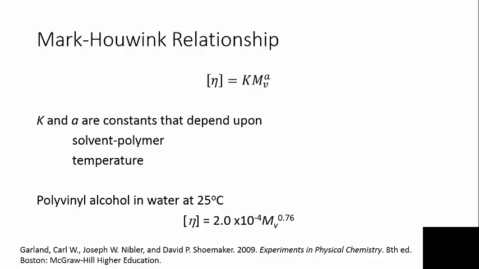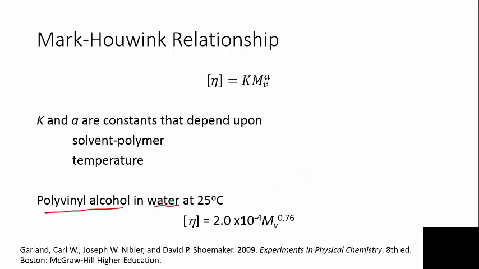So for our sample, we're going to look at polyvinyl alcohol in water, so that's our polymer and our solvent, and our temperature. Those three things are known, they've been measured, and that's the value for K, and this is the value for a. So if we can measure the intrinsic viscosity, we can then calculate the viscosity average molar mass of the polymer.